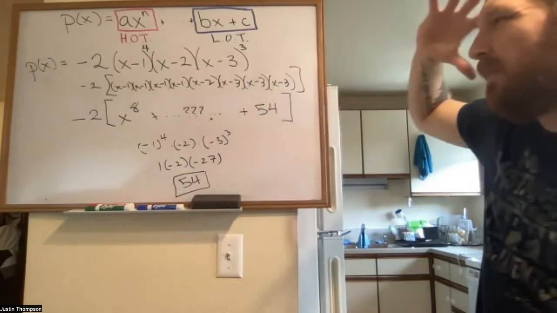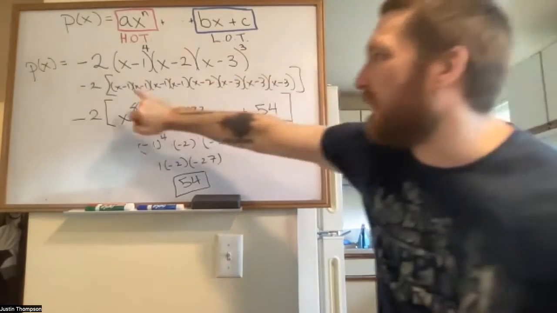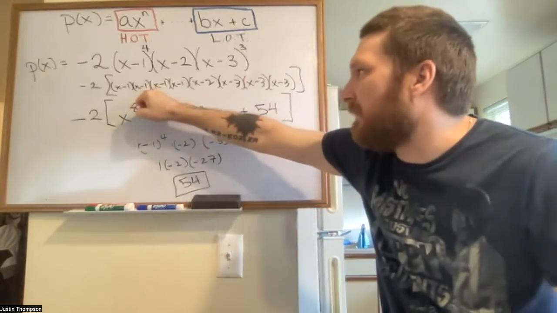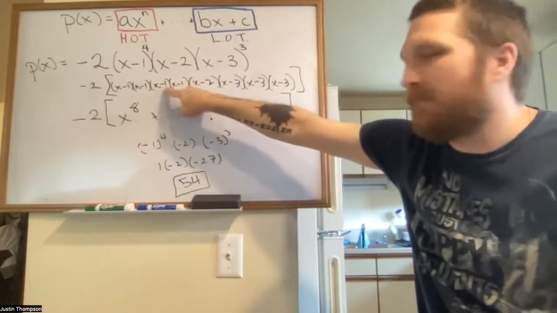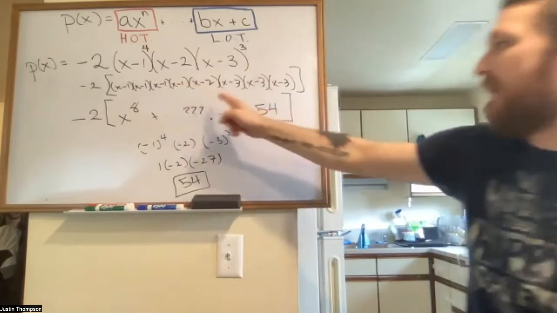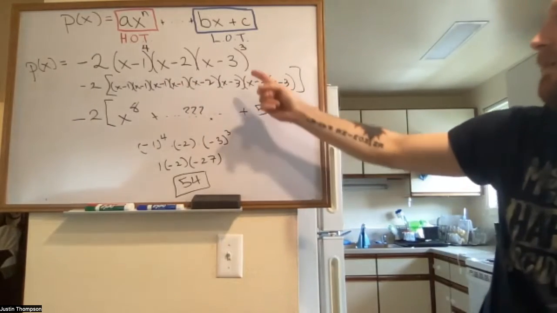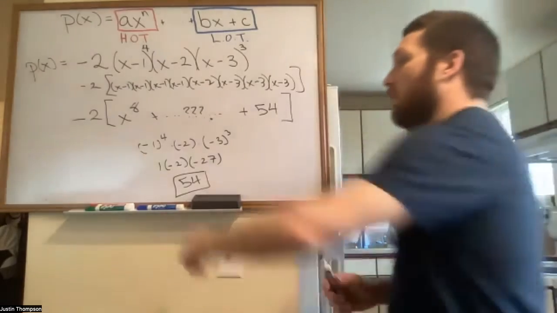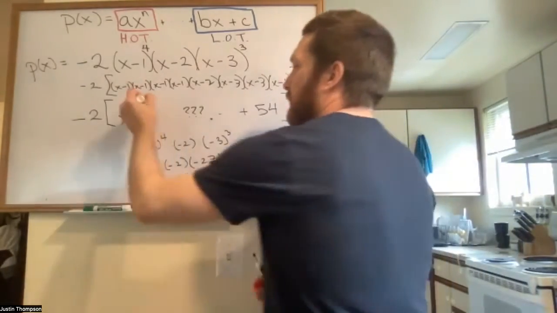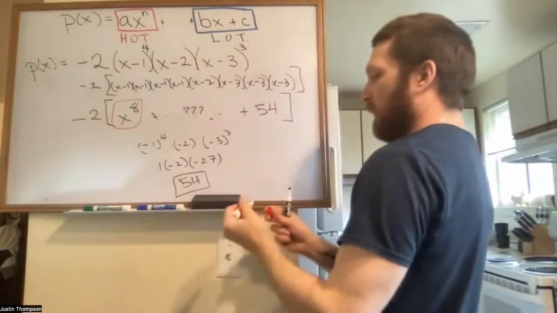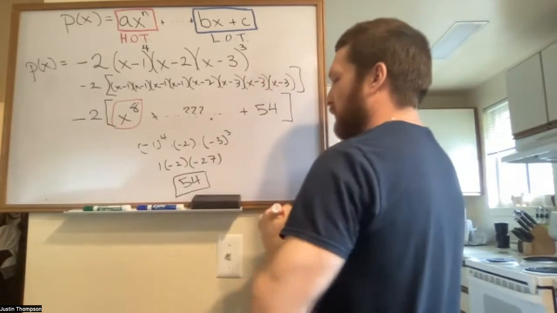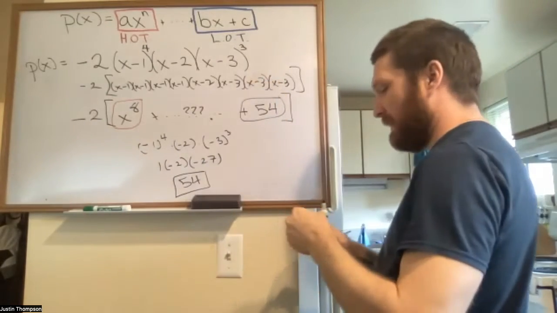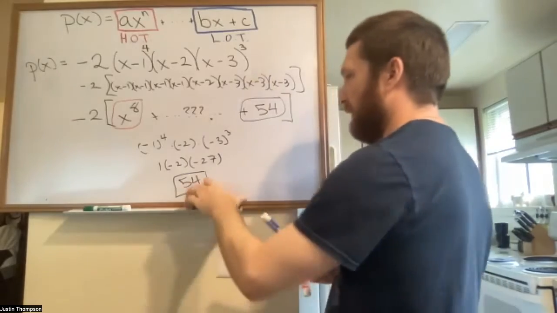The far left thing is going to be whatever I get when I do that one and that one, which gives me a +1, which I then multiply by that one, and the last term is what I get whenever I multiply all of these out. And so we have a highest order term. We have a lowest order term. Although I have not distributed these guys back in, and so let's get that.